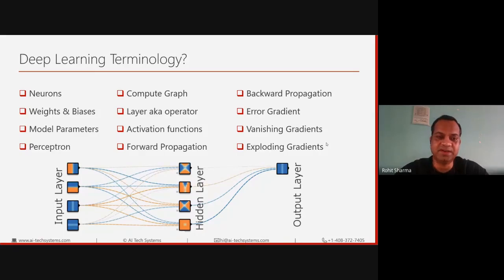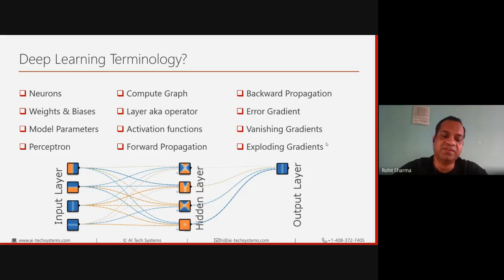So neurons we've already covered. Weights and biases are essentially parameters of your neurons. Like I said, activation is equal to W times X plus B. Your W and B are learning parameters. And model parameters actually include more than weights and biases. In some cases, you would need more information.